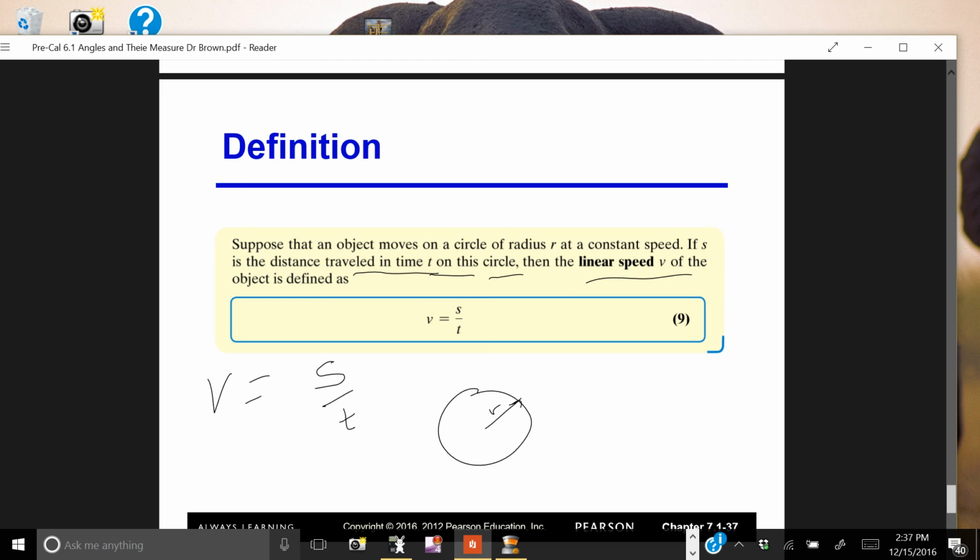This distance s is equal to the rate times the time. In this case, it's the velocity times the time. So the distance traveled is the velocity times the time, and the velocity is the distance divided by the time.